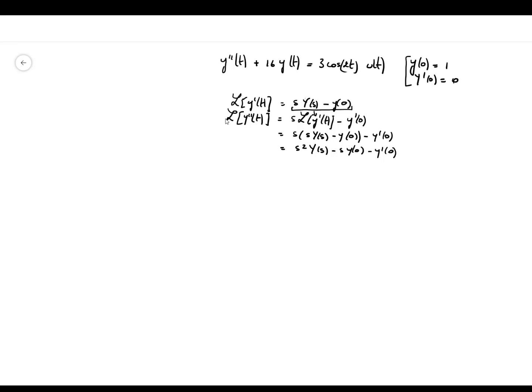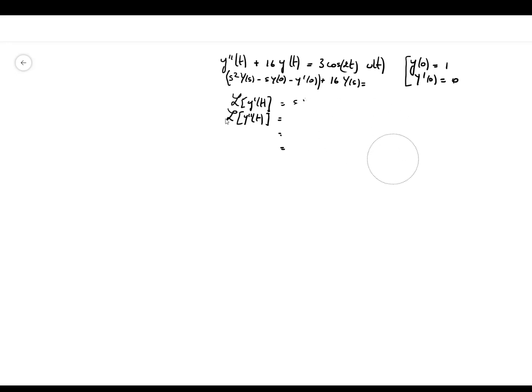So it's s squared Y(s) minus s y0 minus y prime of 0 plus, maybe we can put parentheses, plus 16 Y(s), that's the Laplace transform of this second term, and then we need the right hand side. Okay, so let's see if we can obtain that.